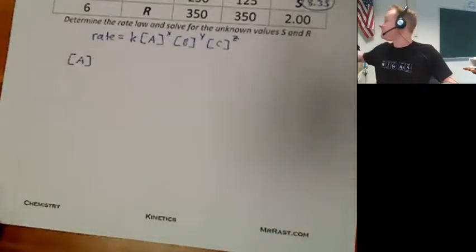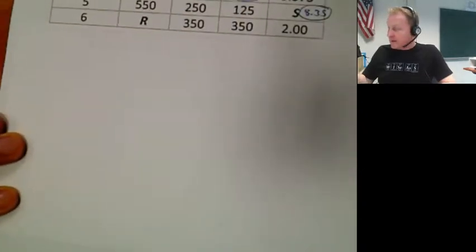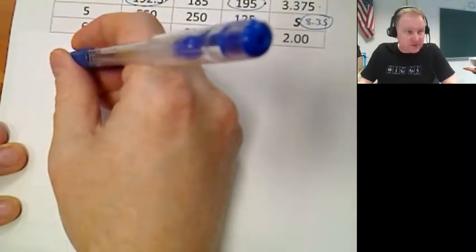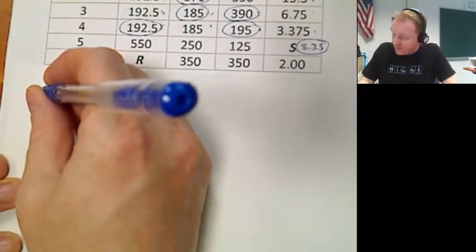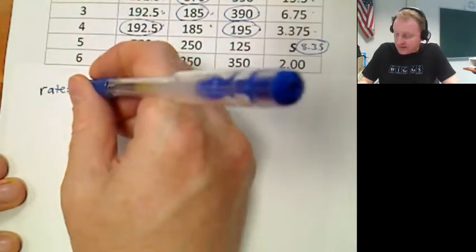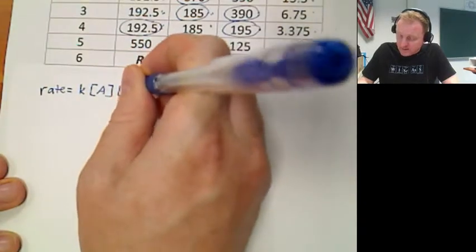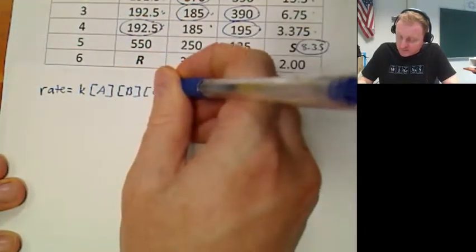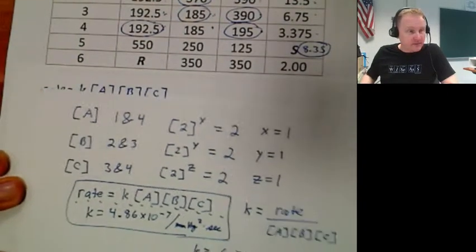Let's try to solve for R here. So I'm going to need, again, my rate law to do this one. I'm going to solve for R here. So the rate law that we already determined is rate equals, I'm just rewriting it here, K times A times B times C. I just pulled that from here.